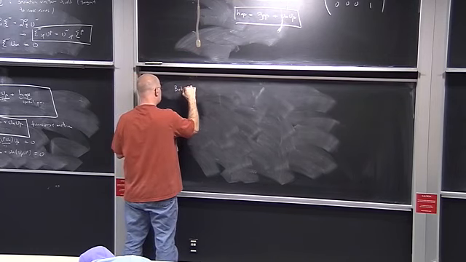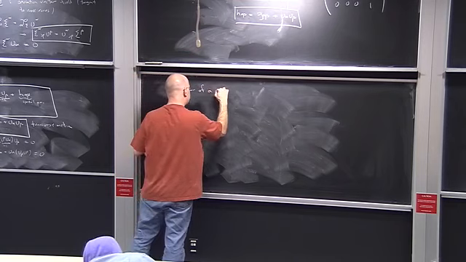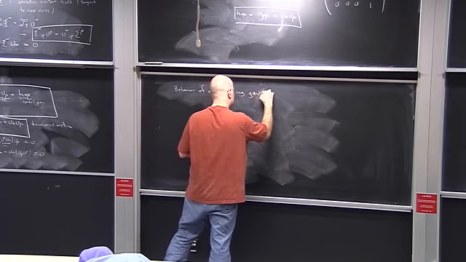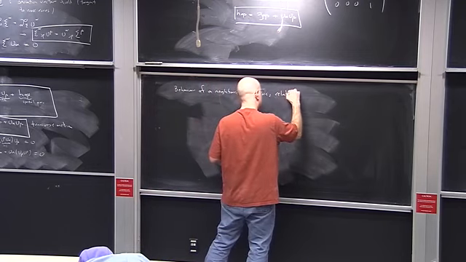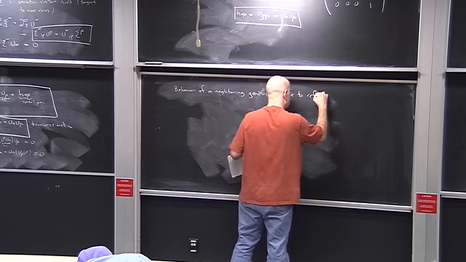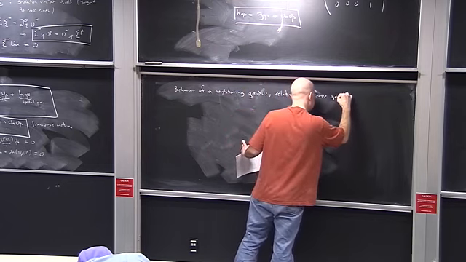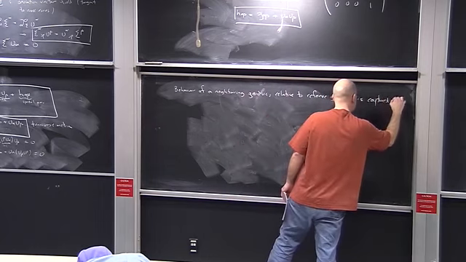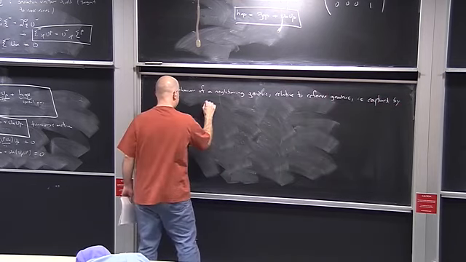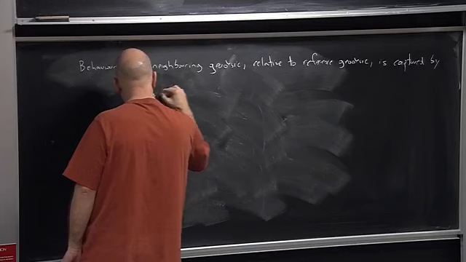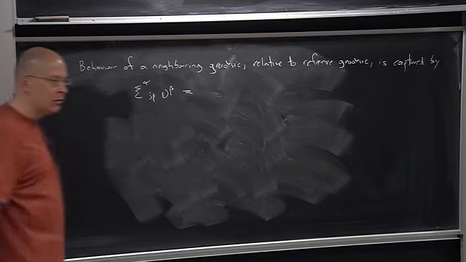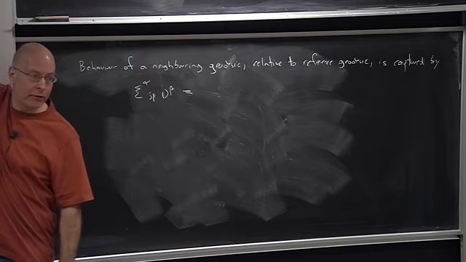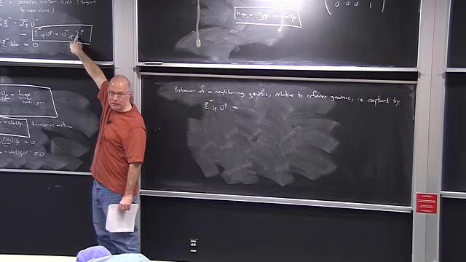So the behavior of a neighboring geodesic relative to the reference geodesic is captured by that equation, which states that the rate of change of the deviation vector as I follow the congruence in time is going to be given by the gradient of the velocity field times the displacement vector.